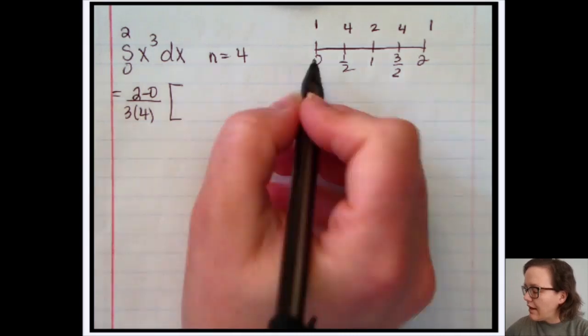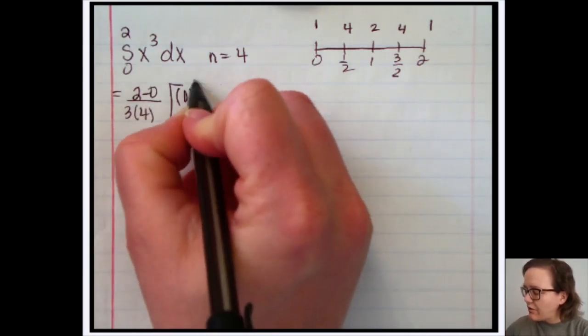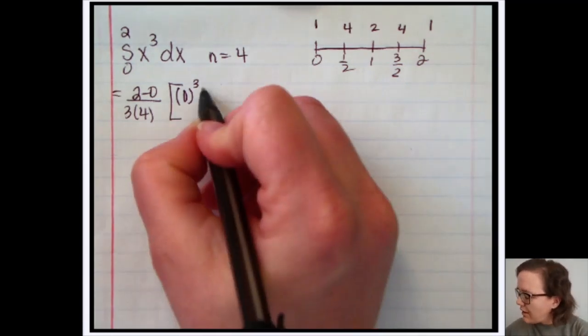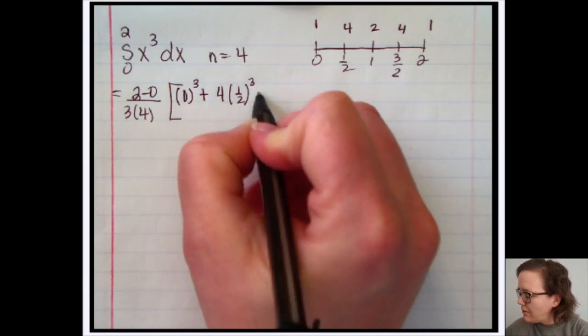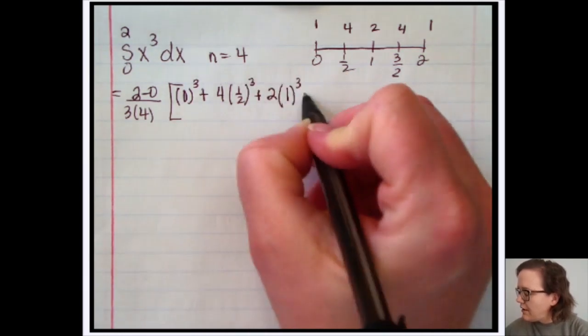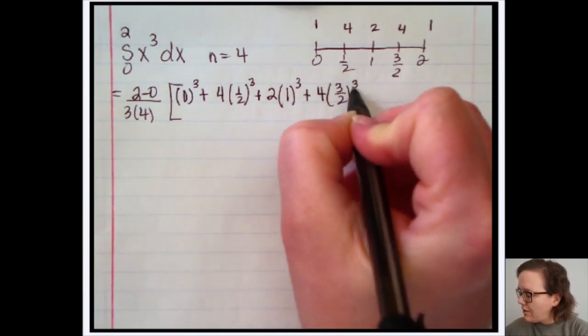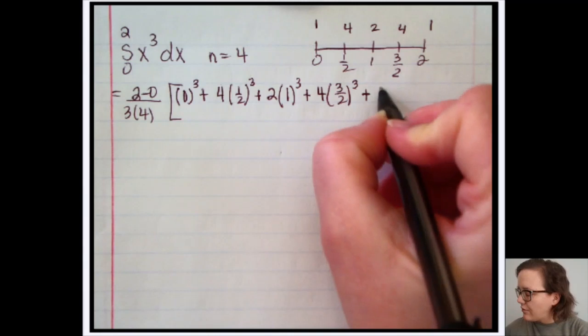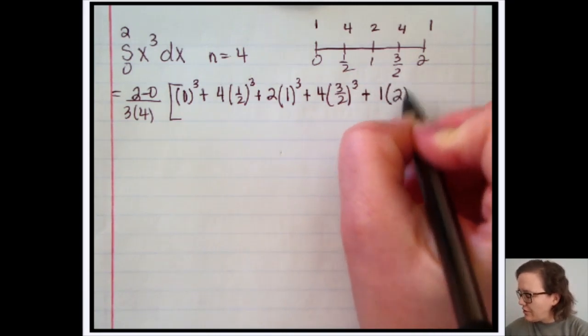Times, now we just start plugging in, 1 times 0 cubed, plus 4 times 1/2 cubed, plus 2 times 1 cubed, plus 4 times 3/2 cubed, plus, we're at the end, so it's a coefficient of 1, 1 times 2 cubed.